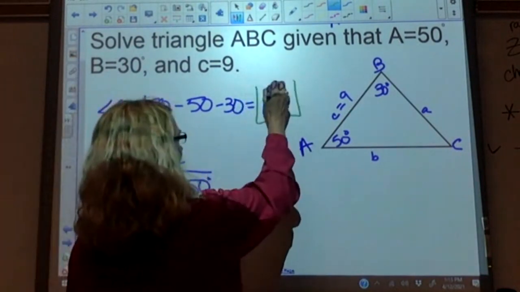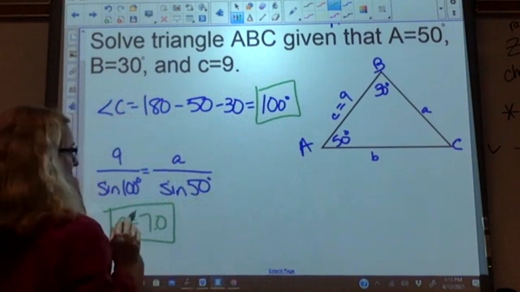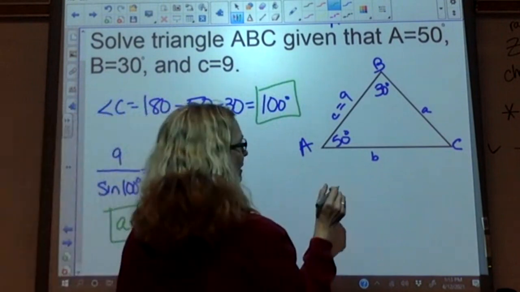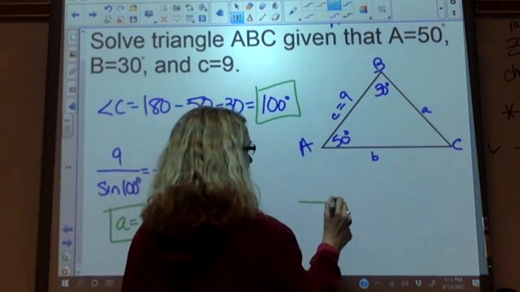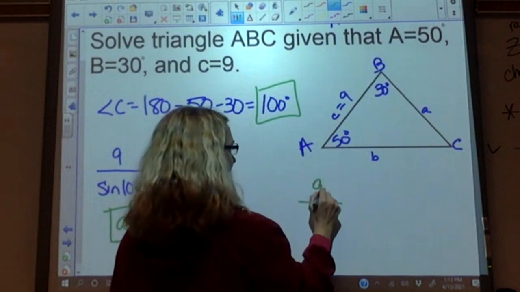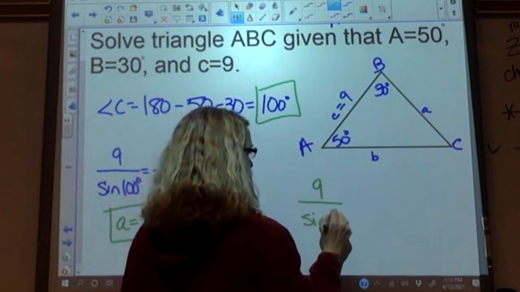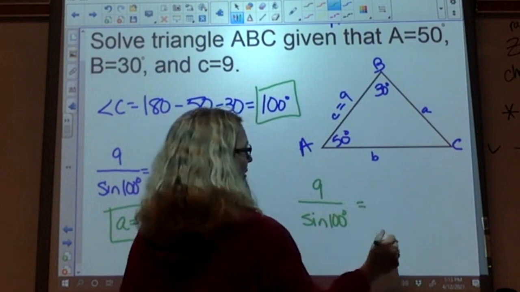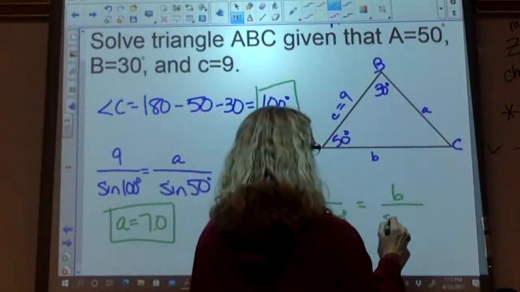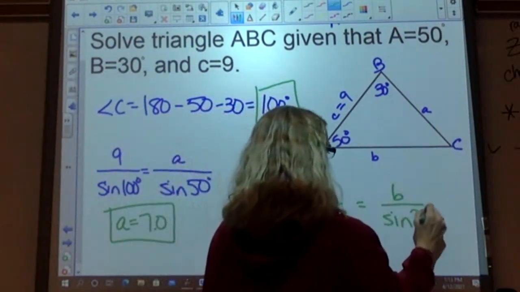Okay, so we have this angle A. We have side A, and now I'm going to find side B. So I'm going to have 9 over sine of 100 equals B over sine of 30.